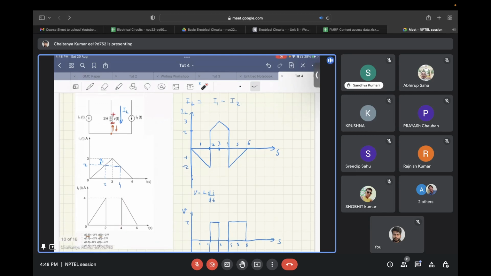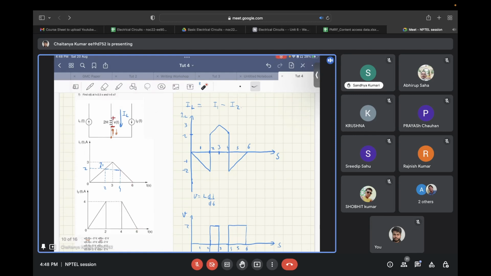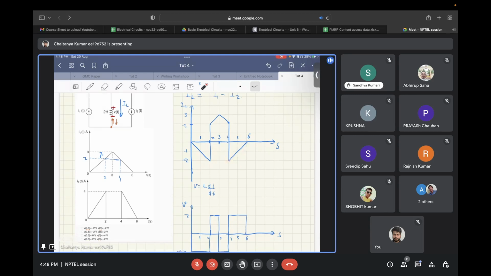So in I1 minus I2, the jump will be negative. So from 2 amperes, it will go to minus 2 amperes. And after that, again, I1 is decreasing at 1 ampere per second, and I2 is decreasing at 2 amperes per second. So I1 minus I2 will increase at 2 amperes per second. So you will get this.